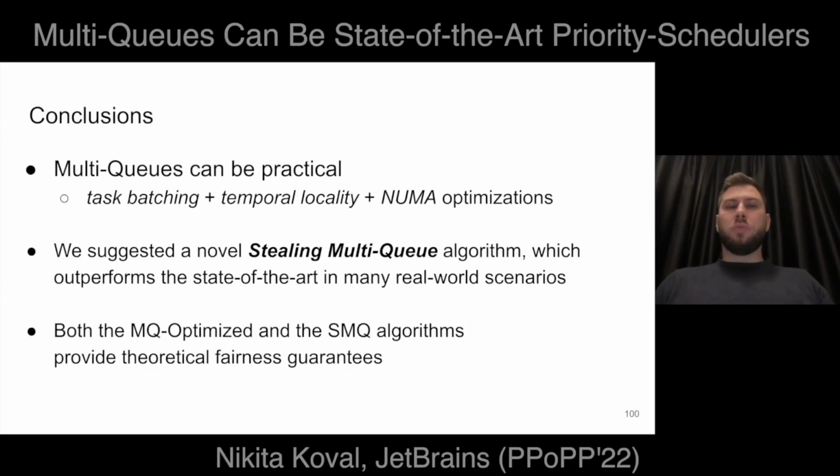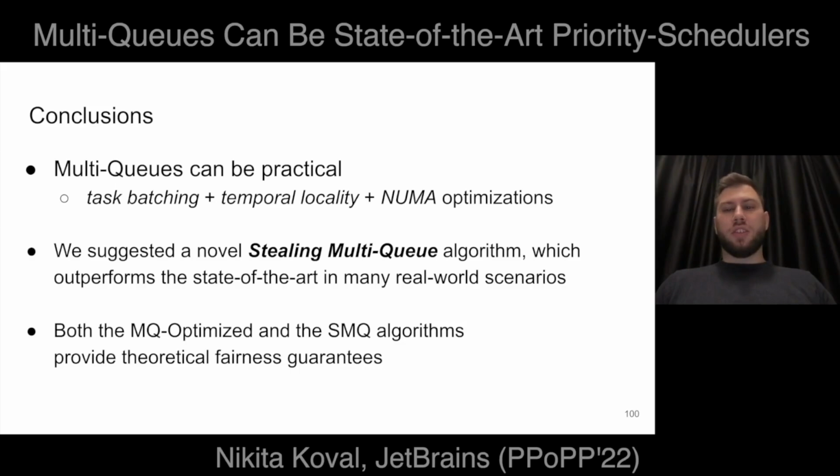So, let me make some conclusions. First of all, this work shows that the multi-queues can be practical. We can apply the task batching, temporal locality, and NUMA awareness optimizations, and thus we achieve outstanding performance compared to the classic design and the state-of-the-art priority schedulers.